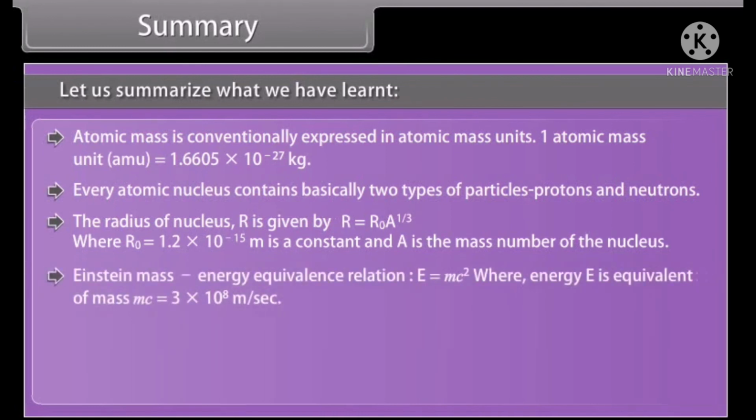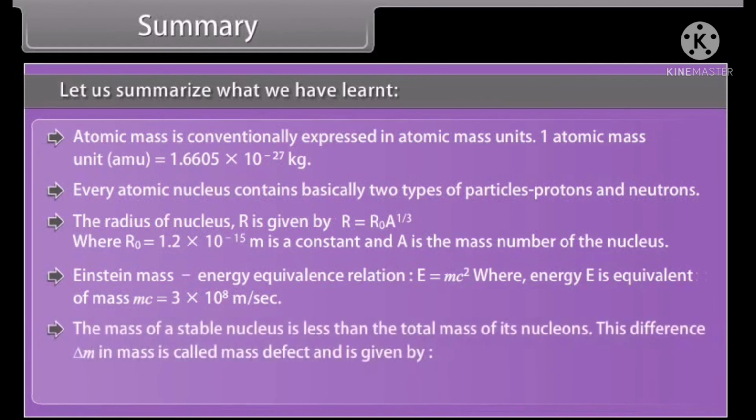Einstein mass-energy equivalence relation, E = mc², where energy E is equivalent of mass m. c is the velocity of light in vacuum, that is 3 x 10^8 meter per second. The mass of a stable nucleus is less than the total mass of its nucleons. This difference delta m in mass is called mass defect.